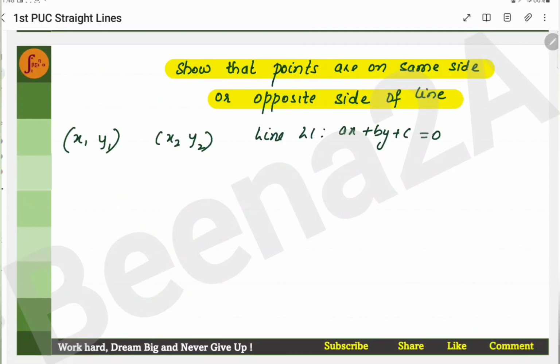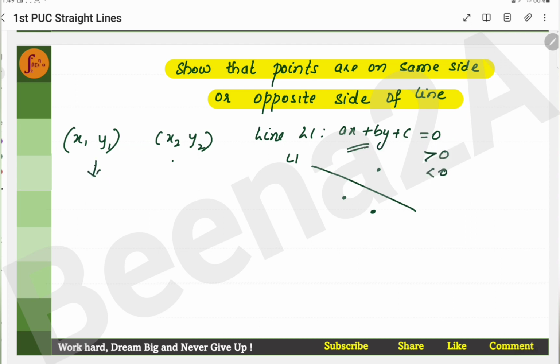Let's look at another topic. Show that the points are on the same side or opposite sides of the line. Suppose you have this as a line and you have a point here and a point here. How would you prove that the points are on the opposite sides of the line or on the same side of the line? We take both the points, substitute in this line equation and see the value that we get.